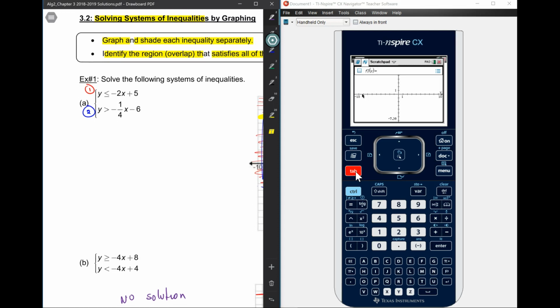When your cursor is to the right of that equal sign, press the backspace button once, and look at the options it gives you. Pick the one that you want. For number 1, it's y is less than or equal to negative 2x plus 5.